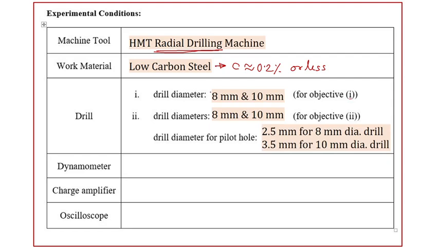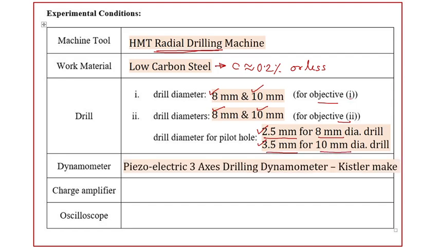These are the two drill diameters, 8 mm and 10 mm for objective 1. For objective 2 also the drill diameters remain 8 and 10 mm. Only thing is that the pilot hole diameters become 2.5 mm for 8 mm drill and 3.5 mm for 10 mm drill.